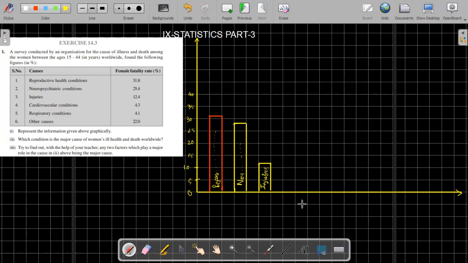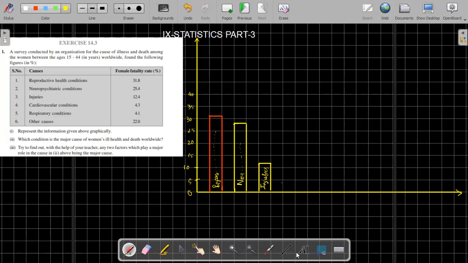Okay, then cardiovascular conditions 4.3 only, very less. So if you cannot write inside, you can write outside or somewhere. 4.3 is very less here. Something will come here up to here.